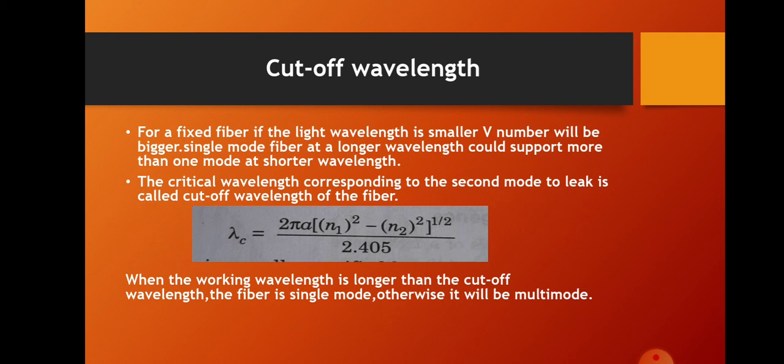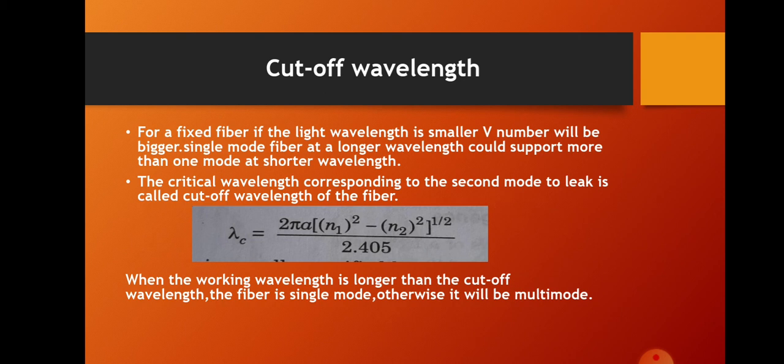So cutoff wavelength means that for a fixed fiber, if the light wavelength is small, the V number will be bigger. This implies that a single mode fiber at a longer wavelength, around 1550 nanometer, could support more than one mode at a shorter wavelength, around 633 nanometer.